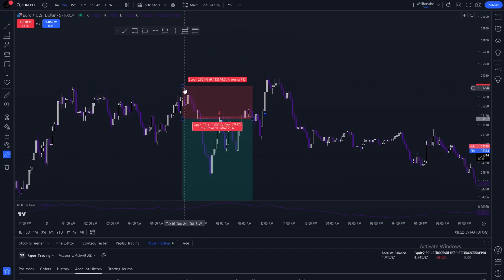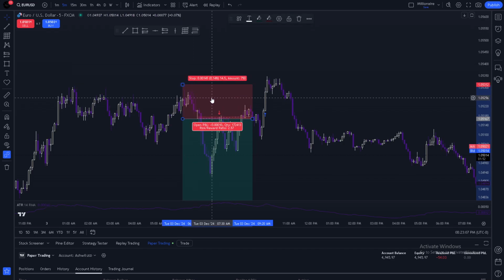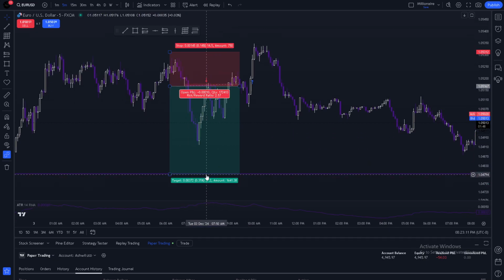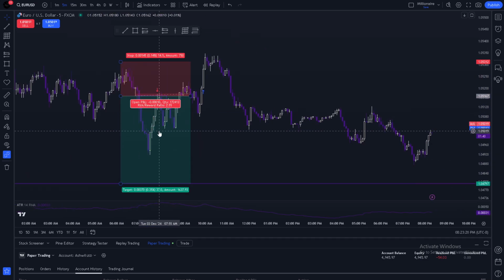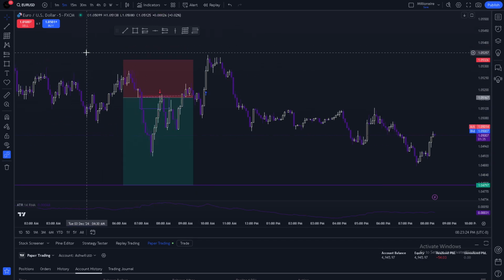So on normal days I would go for something like this, but I felt that was too greedy, and so I just adjusted it up here and got that. So it was $50, and I would have been getting 200 right here, or a little bit less than that. So yeah, it would have been a really good trade if it did end up going all the way down here. So yeah, that's basically it.